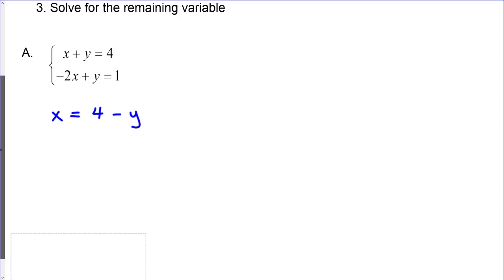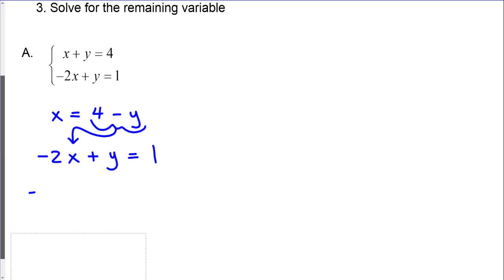Now, since I have x equals 4 minus y, I'm going to use this in the next equation. So the next equation is -2 times x plus y equals 1. I'm going to take what I know x is equal to in the first equation and plug that into the x in the second equation.